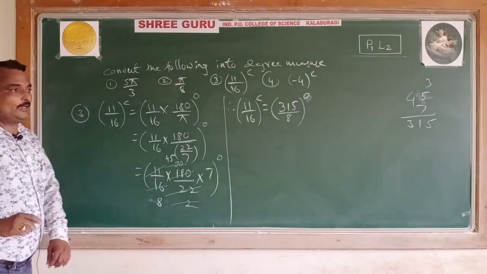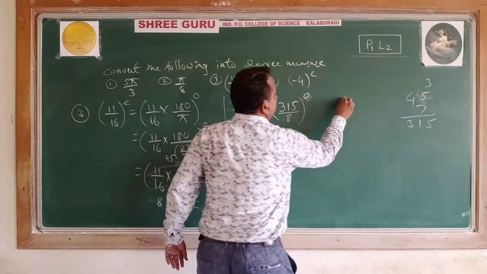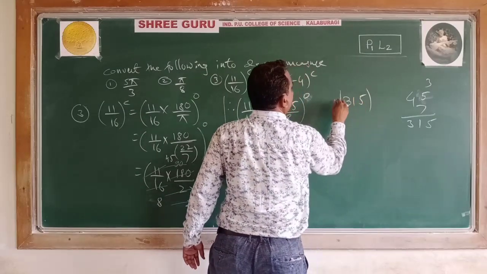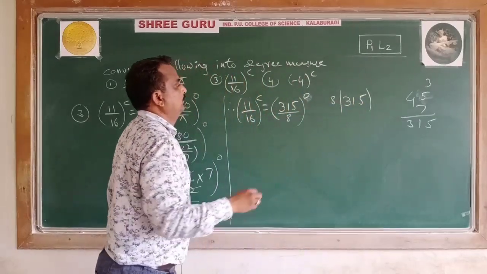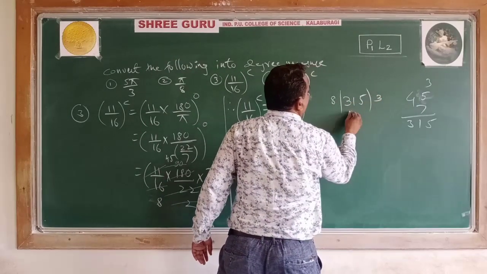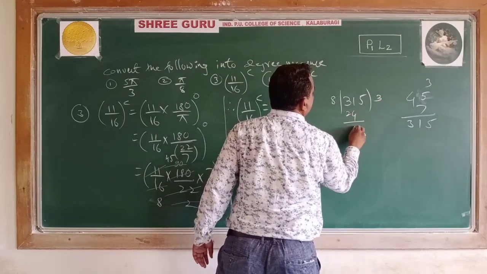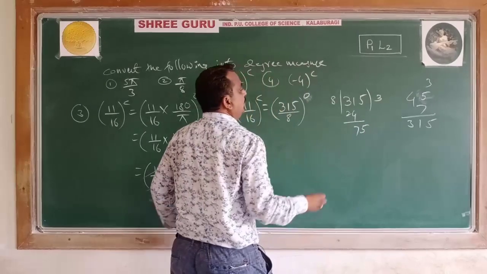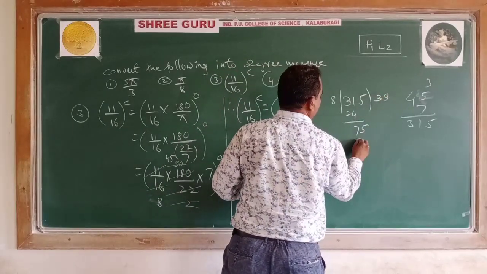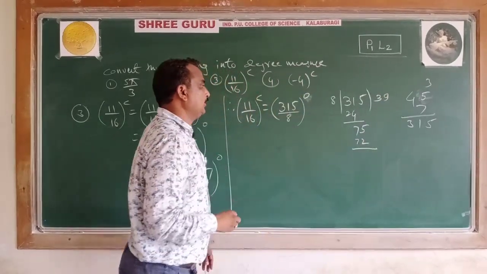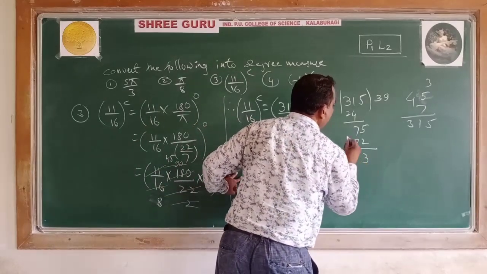Now let us see this 315. 8 3s are 24, 7 remain, 8 9s are 72, 3 remains.